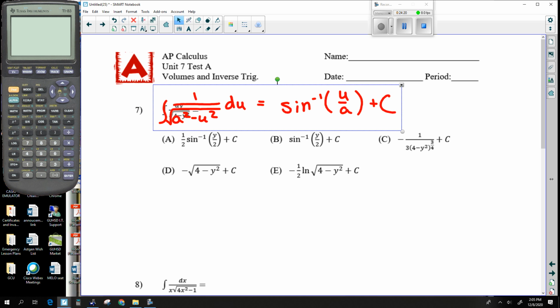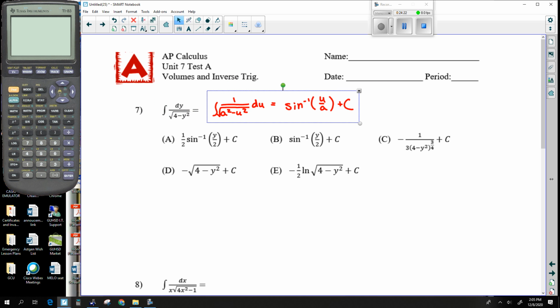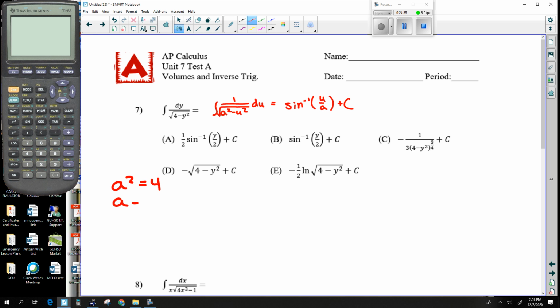Let's see if we have to do any tricks. It really doesn't look like it, but who knows? During my initial substitution, I made my a squared equal to 4, so that makes a equal to 2. I made my u squared equal to y squared, that makes u equal to y, and du equal to dy, and that's perfect.